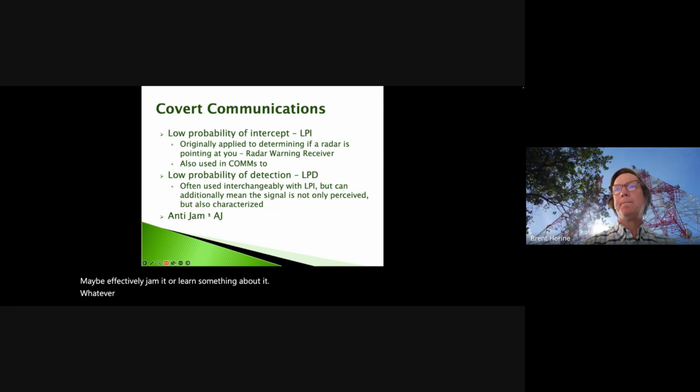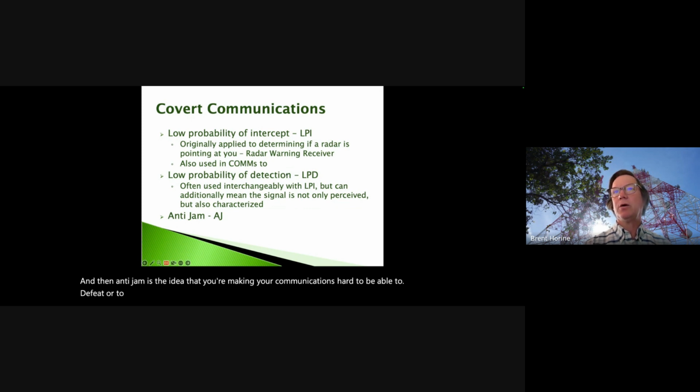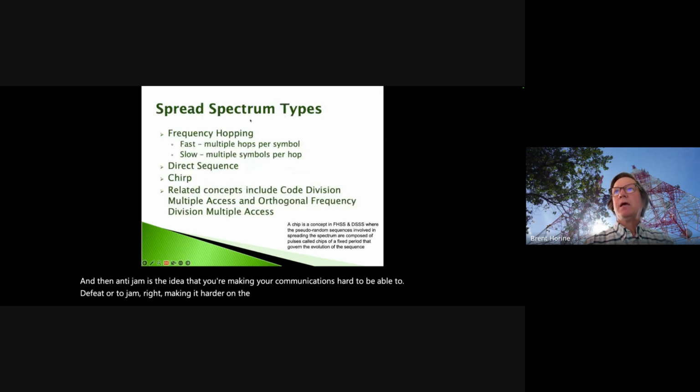And then, anti-jam is the idea that you're making your communications hard to be able to defeat or to jam, right? Making it harder on the adversary. All right. So there's three main types is the way I break it up for spread spectrum types.